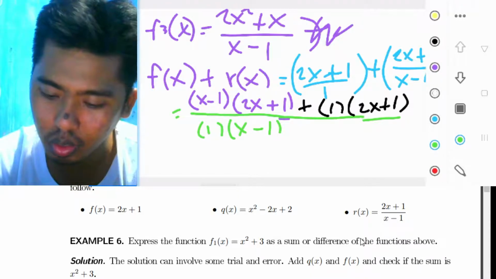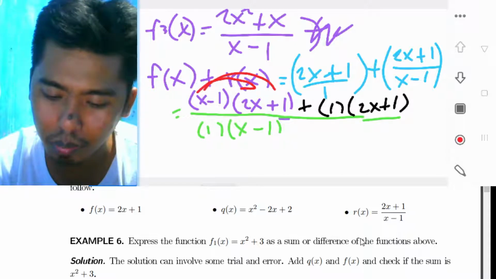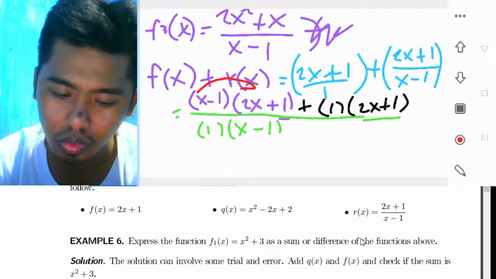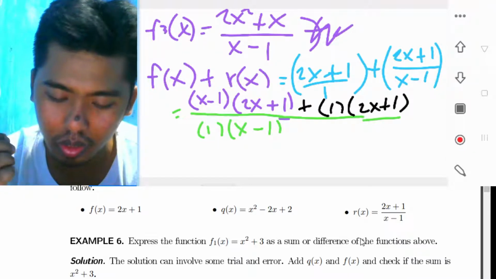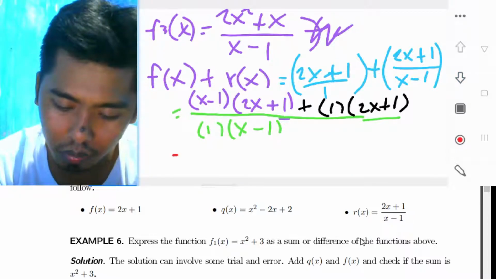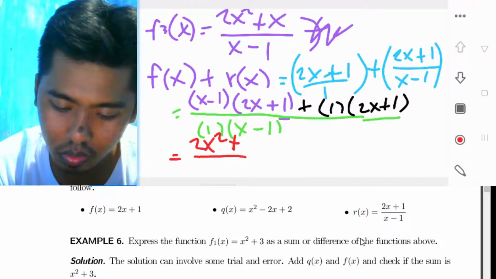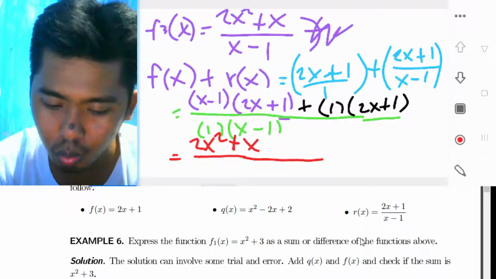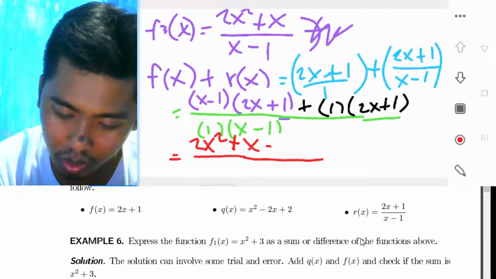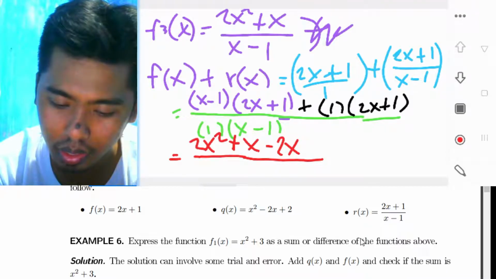Next we're going to distribute, using the distributive property of multiplication over addition. So x times 2x would be 2x squared. Now x times 1 would be positive x. Negative 1 times 2x would be negative 2x. Let's add these because they are like terms, so that will become negative x.